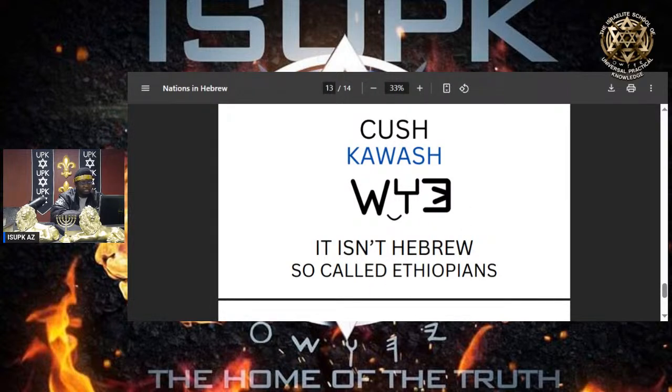And Kawash isn't a Hebrew word, which is weird. There's some studies still being done to figure out where that came from. It probably come from the ancient Ethiopians, more like where we got the name from. But this is one of the things where there's not certain words for certain languages that are translated properly into Hebrew, right? Or we don't have a Hebrew word for it. But there's no Hebrew word for chocolate.